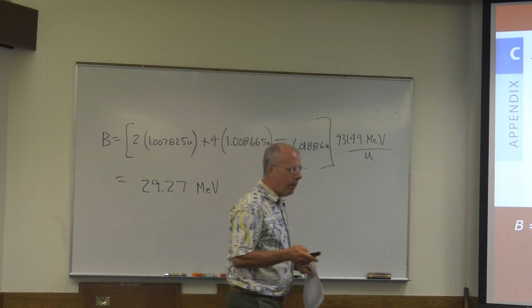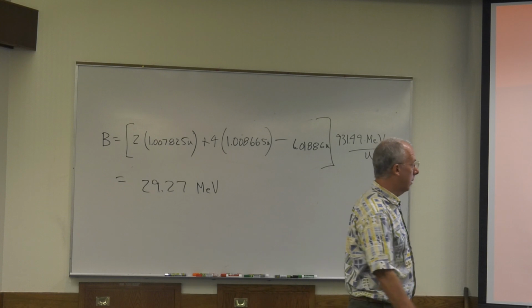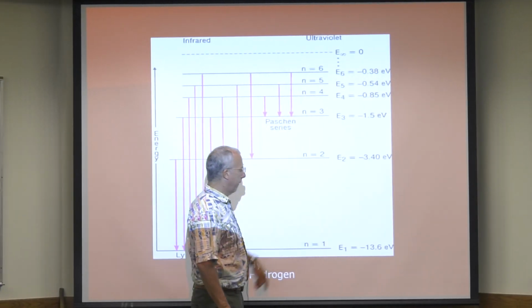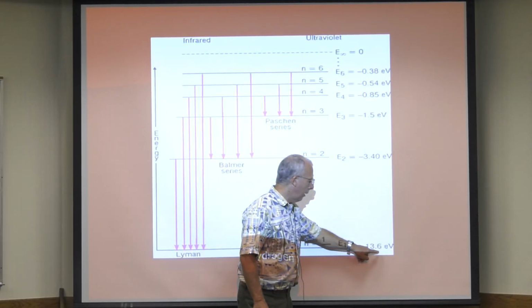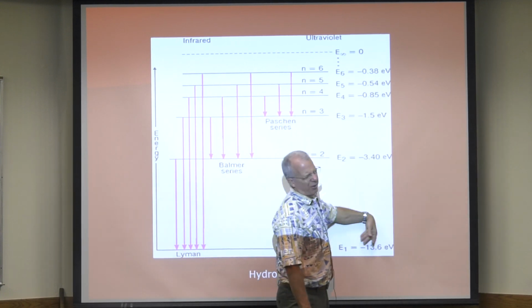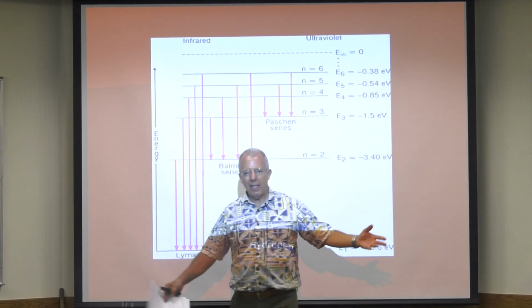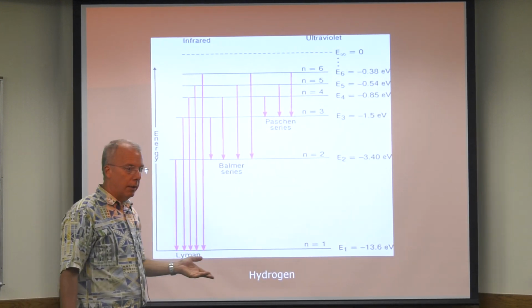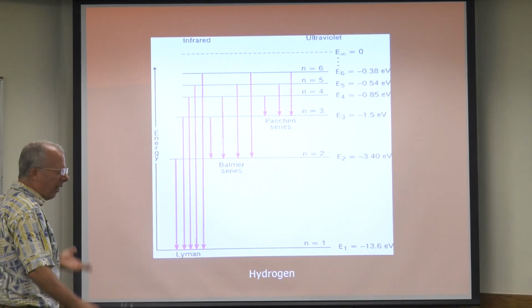Now, let's compare to atomic physics. These are the energy levels of the hydrogen, right? What do you notice? 13.6 electron volts, 3.4 electron volts, right? Big deal. Doesn't take a whole lot of energy to get rid of an electron from a hydrogen atom, right? Electron volts.